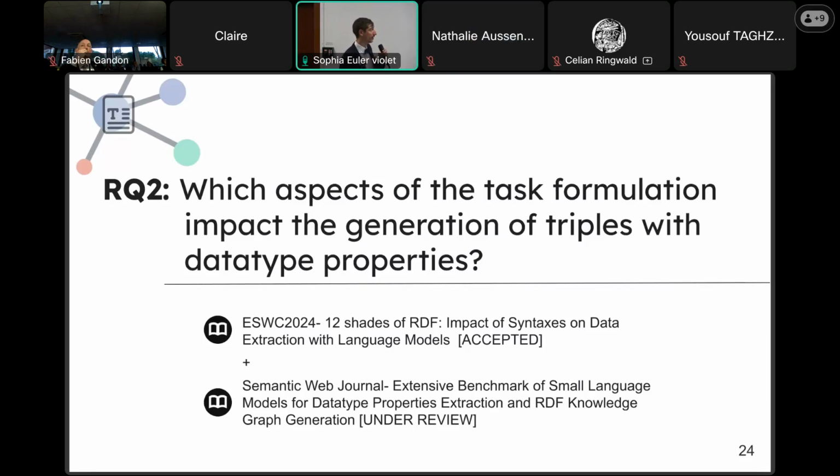And we focused in this work only on the datatype properties. This work led to two different publications. The first one at ESWC, and the next section of this work was proposed at the Semantic Web Journal.